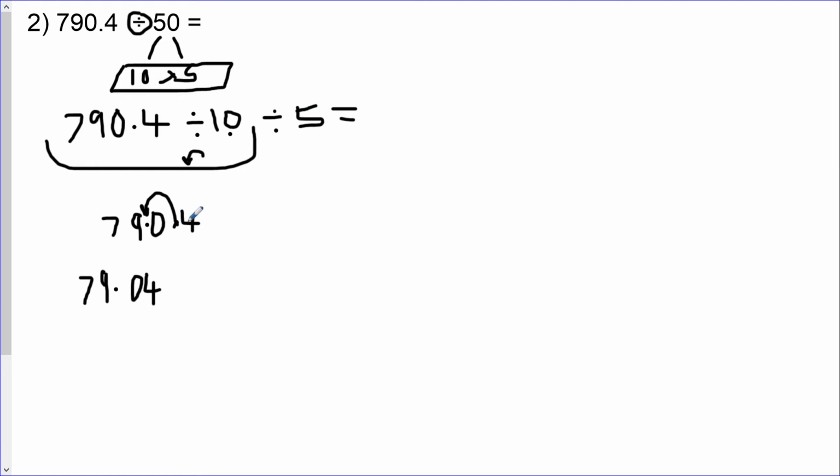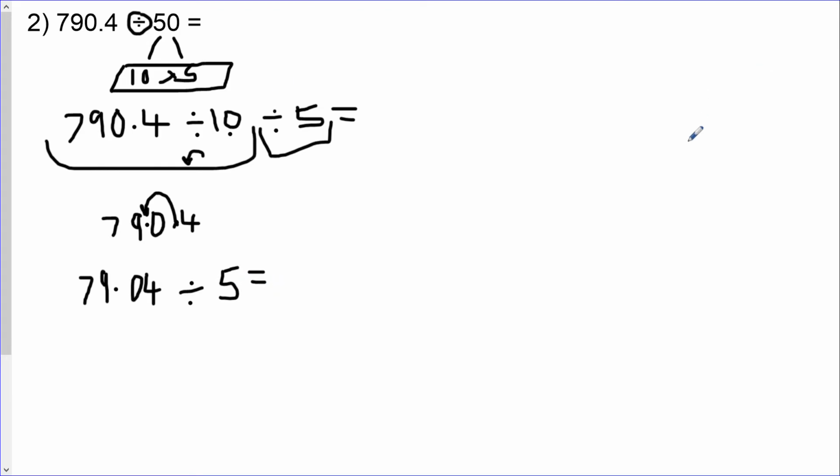However, just like before, we have only done the first bit of our calculation here. We have done 790.4 divided by 10. But our question was 790.4 divided by 50. So now we need to complete our calculation. So we take our answer, 79.04, and we now need to divide it by 5.